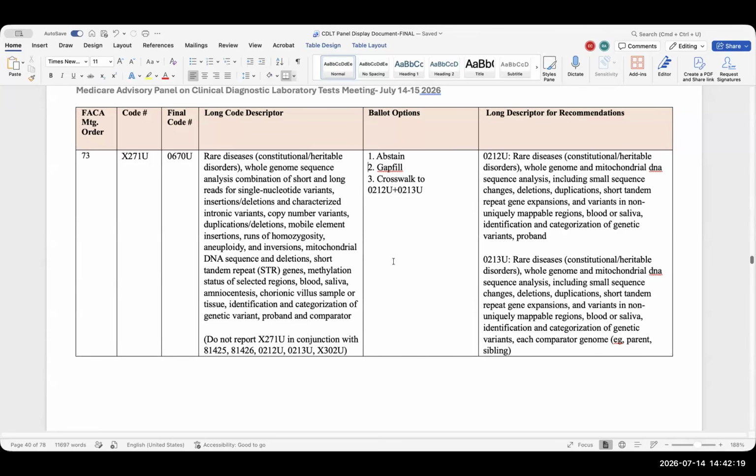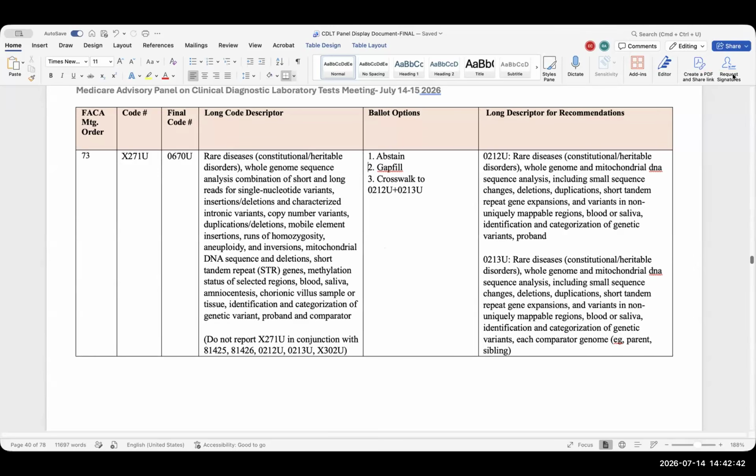The other tests you discussed that are only for prenatal are X285U and X291U, which are number 99 and 102, and those are whole genome short reads only. So I think those had the right crosswalks.